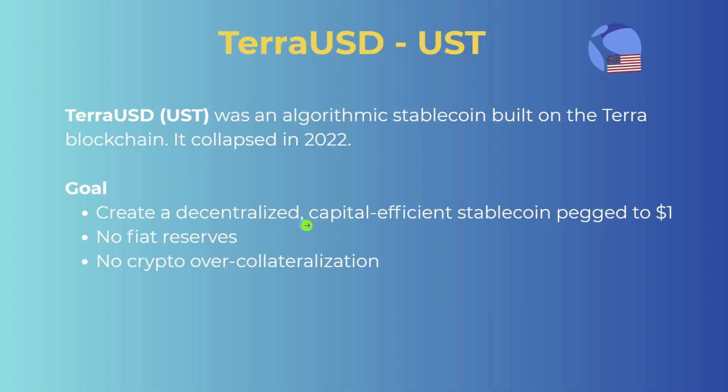The goal was to create a decentralized, capital-efficient stablecoin pegged to $1 with no fiat reserves and no crypto over-collateralization. As we have seen, the DAI protocol is based on over-collateralization. In this case, we don't want over-collateralization.